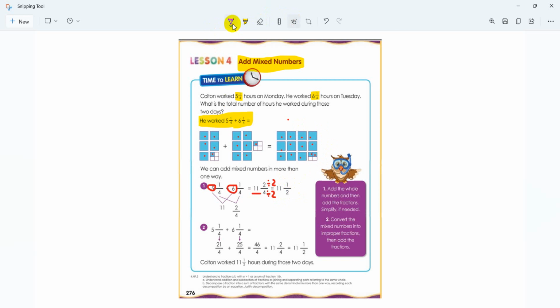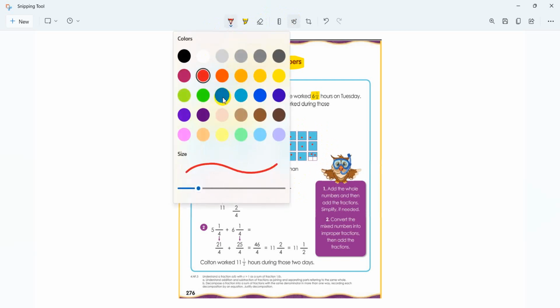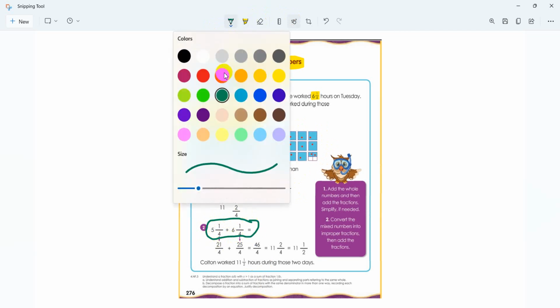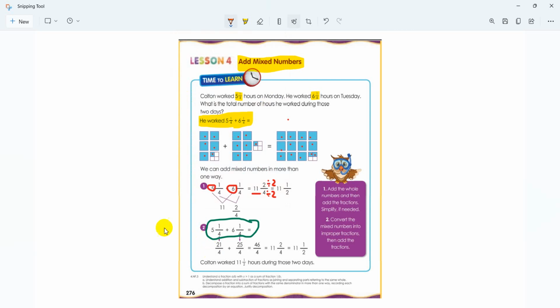We have another way to add mixed numbers, using the same example. If we want to add 5¼ plus 6¼, we have another way using the rule for converting a mixed number into an improper fraction.